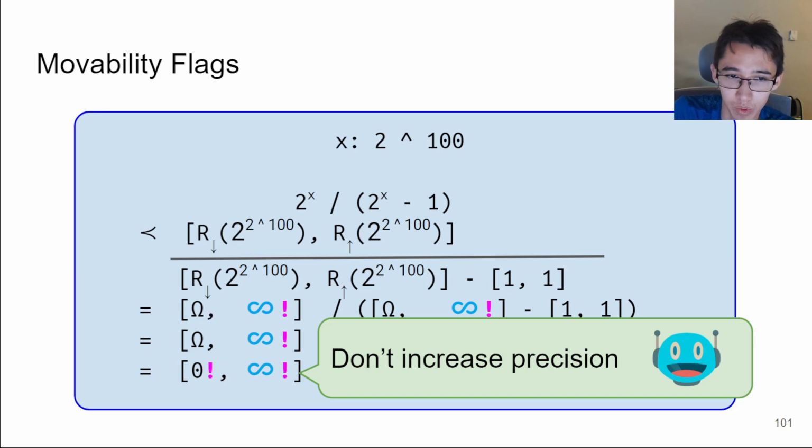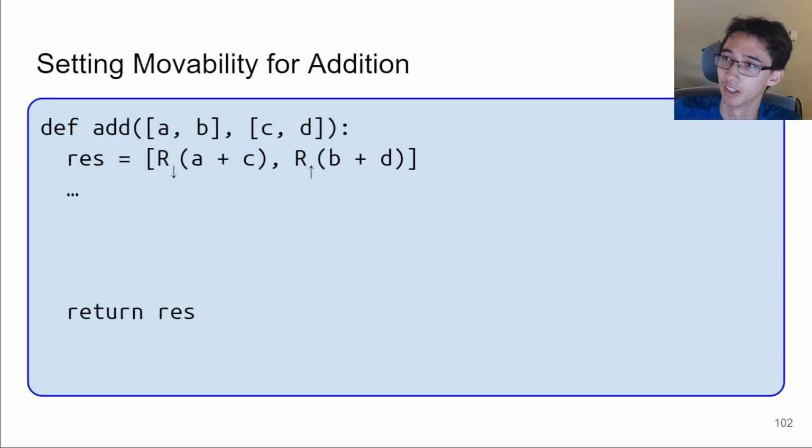Let's see how we might implement it for a particular interval arithmetic operator. So here I have some pseudocode for the addition operator, and it takes 2 endpoints, A to B and C to D. And in normal interval arithmetic, addition is very simple. You simply round the left endpoint down, adding A and C because they're the smallest of the 2 inputs, and round the right input up, adding B and D because they're the largest of the inputs.